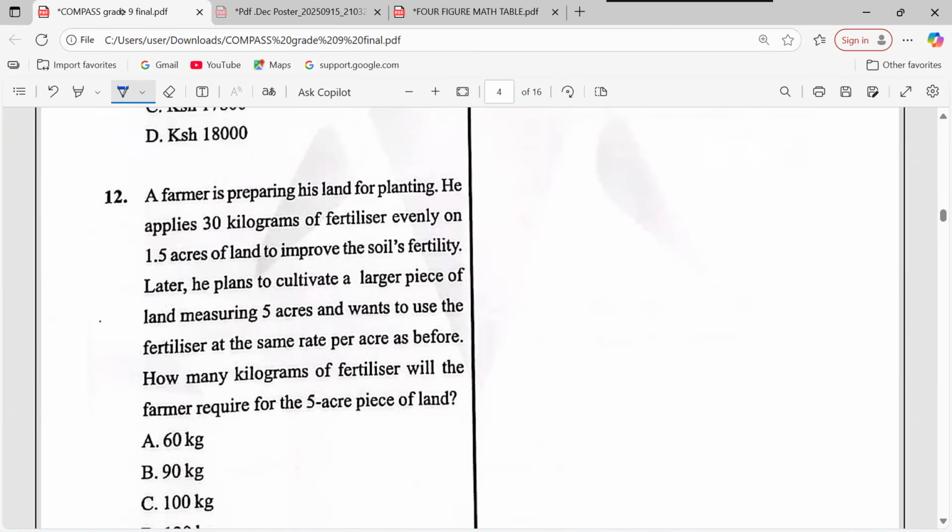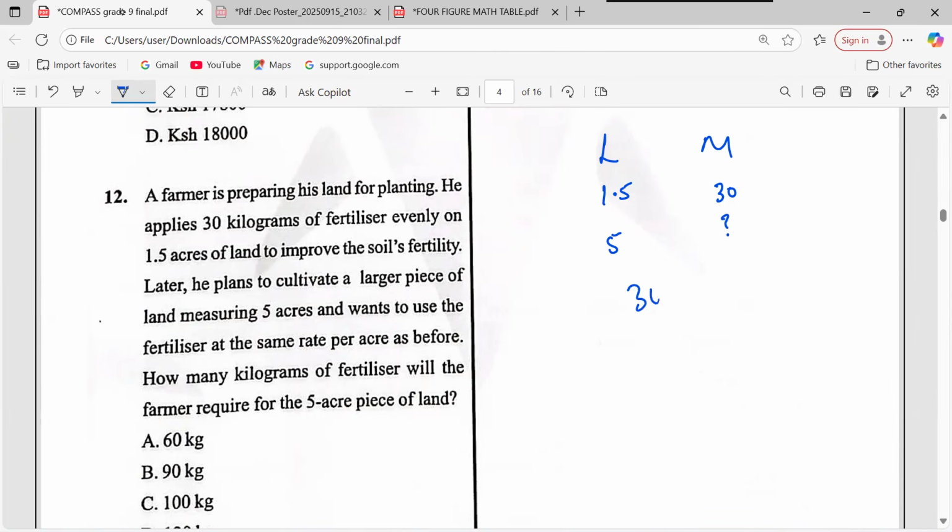So we can have the acres of land, or simply land, then the mass. When the land is 1.5 acres, we have the mass, 30 kilograms. What about when the land on which the fertilizer is going to be applied is 5 acres?